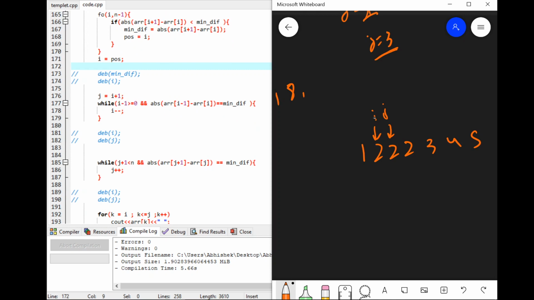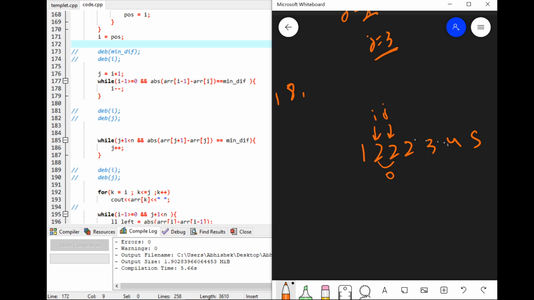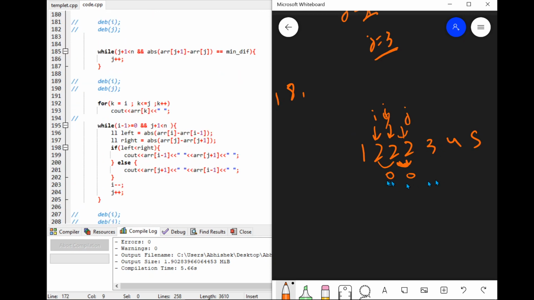At this point we are moving I as far left as possible such that the adjacent difference is 0, and here we are moving J as far right as possible such that the adjacent difference is 0. So after this J would come here, and here the difference becomes 1, so it would stop. So basically we have found the minimum, so we would be printing it, and then we would be growing to both the sides from this to this until we have reached some end.